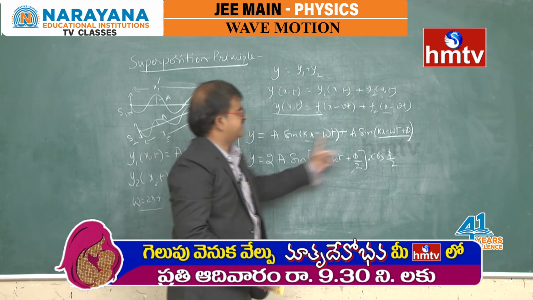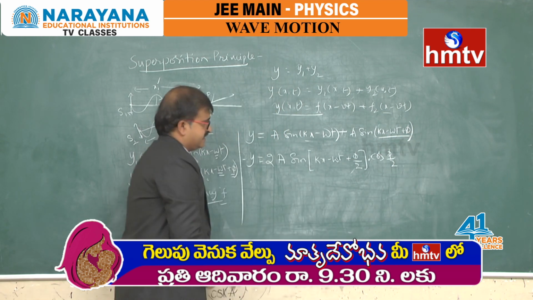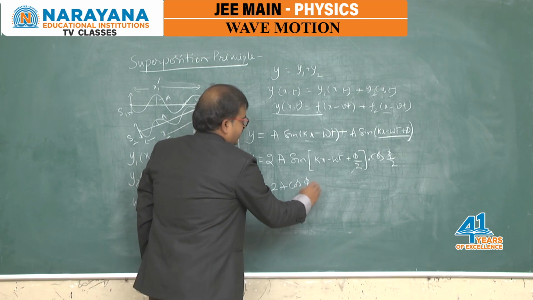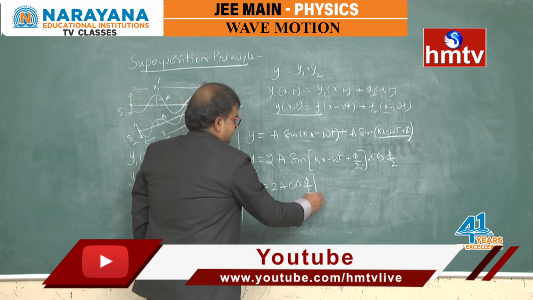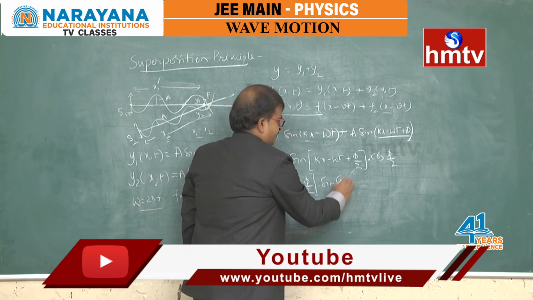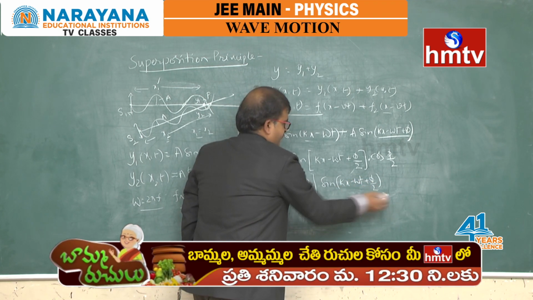Even if you subtract, you will get cos of minus theta, which is the same as cos theta. That's why 2a cos(phi/2) is the term which is free from omega, times sine of (kx minus omega t plus phi/2).